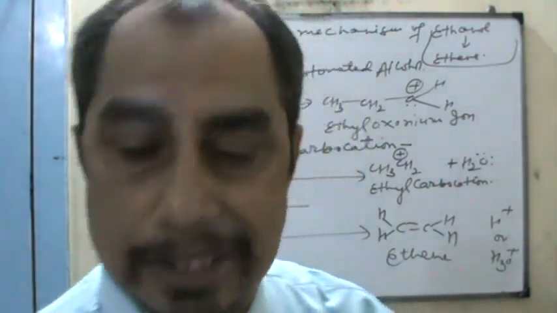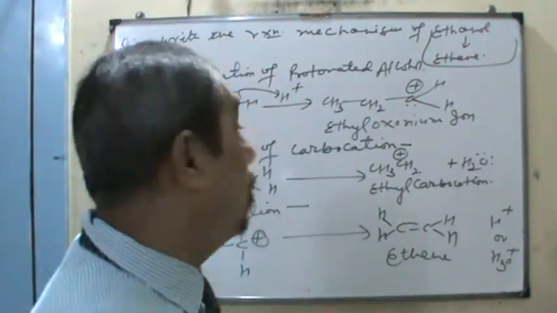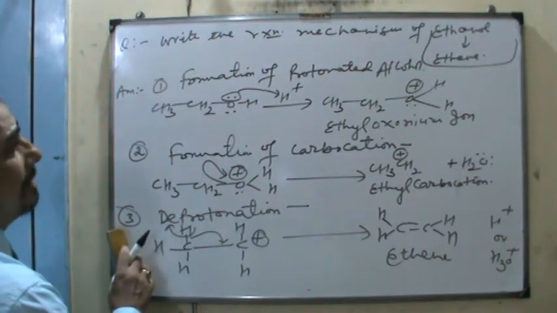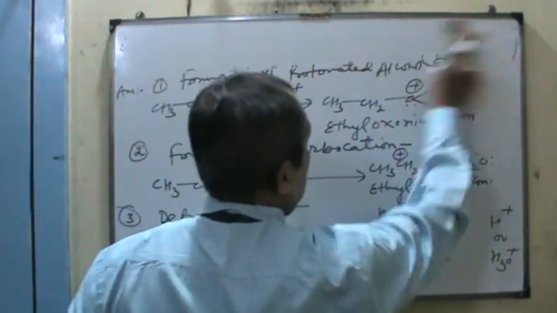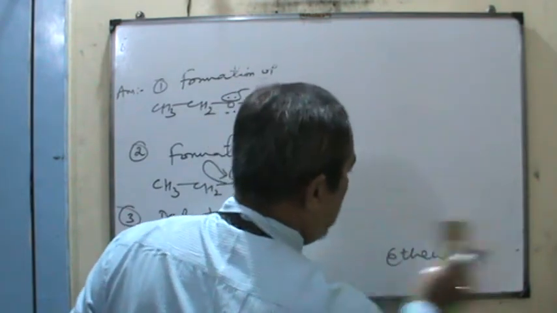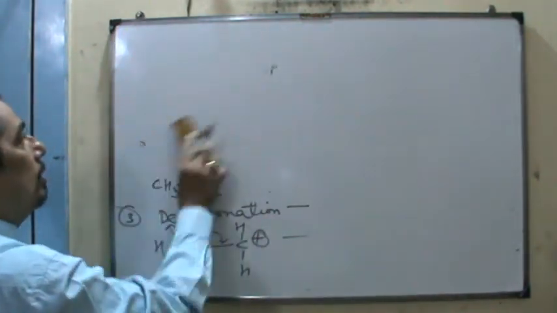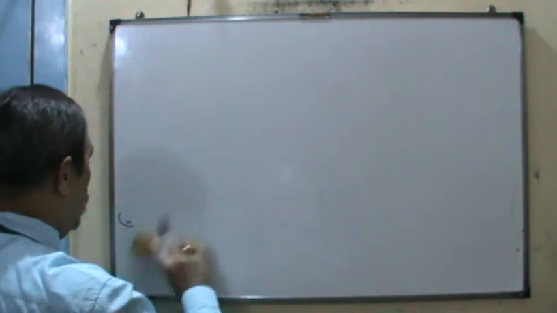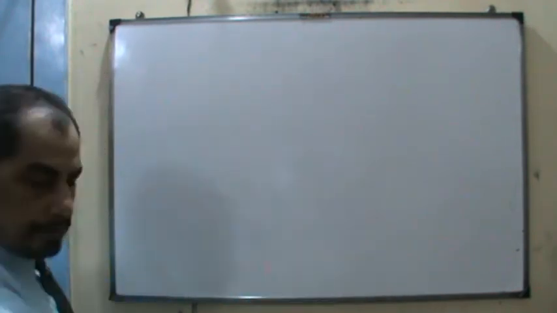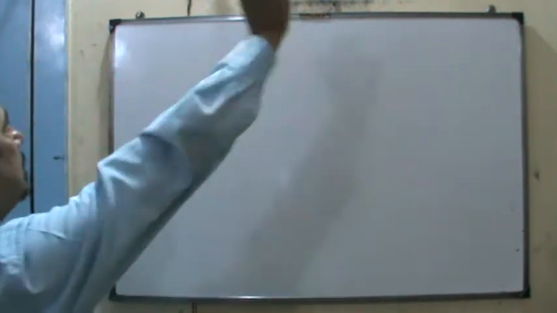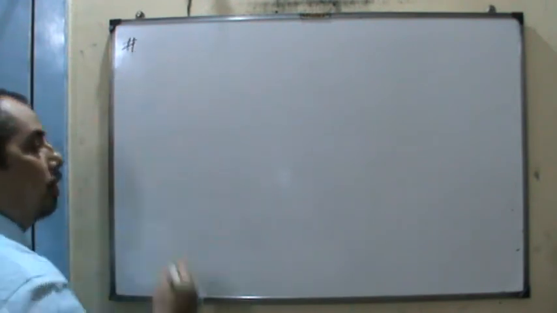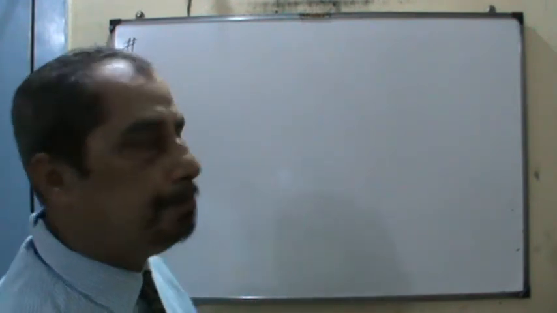So dear students, in that way we have obtained the mechanism of ethanol to what? Ethene. But you remember, during the preparation I have explained ethene to ethanol. Another important chemical property of alcohol is formation of halide.